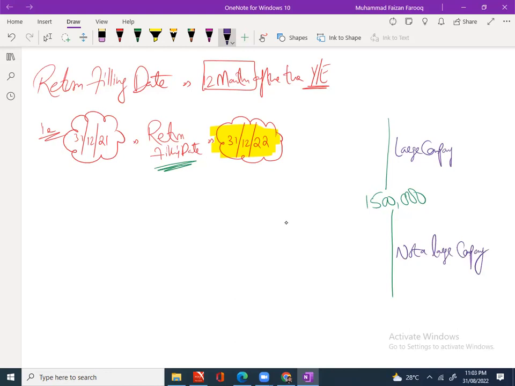Tax is not saying small and large. They are writing large companies and not large companies. So there is an amount written in between. How much is this? 1,500,000. 1,500,000 is the benchmark.